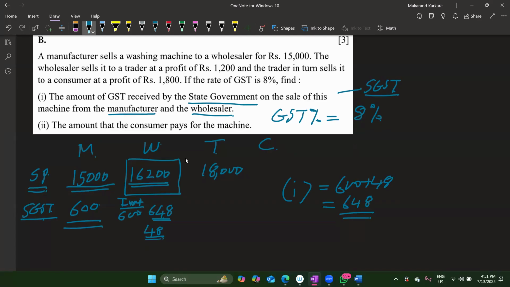But I could have got that directly by applying 4% on 16,200, is it not? So why calculate what is going to be SGST on 15,000 and do all the jamela of input tax and output tax? I could directly calculate 4% of 16,200 and would have got the answer 648. Does that make sense?